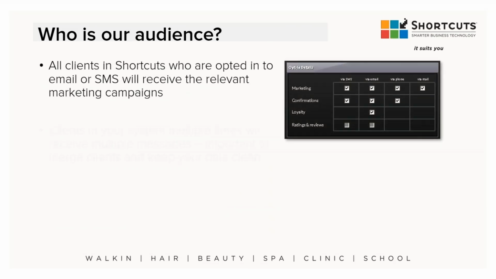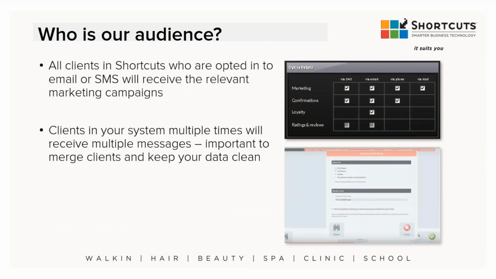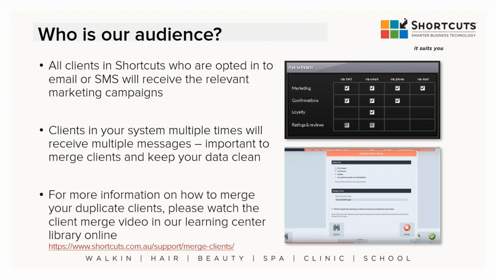One of the things you want to make sure is configured correctly in your Shortcuts system is your audience, your customers. As you know, there have been a lot of laws passed around the country, in North America, in Canada, as well as overseas in Europe and the UK, with regards to customer privacy. Customers need to have the ability to opt in or opt out of certain campaigns.